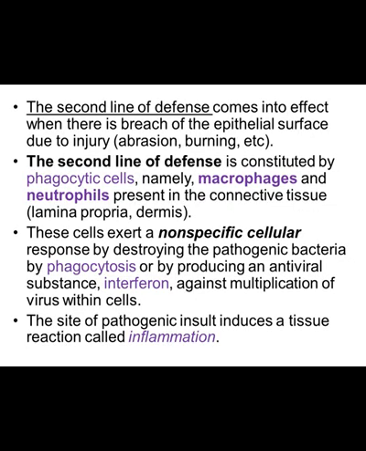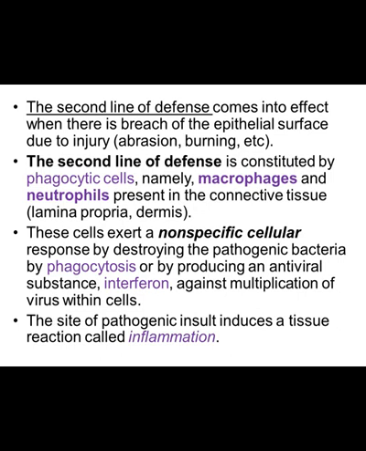The second line of defense comes into effect when there is a breach of the epithelial surface due to injury. This second line of defense is constituted by phagocytic cells, which are macrophages and neutrophils. These are present in the connective tissue, that is lamina propria and dermis.